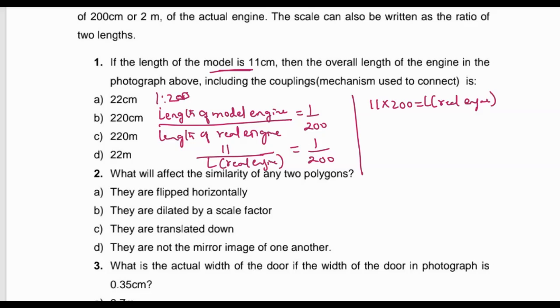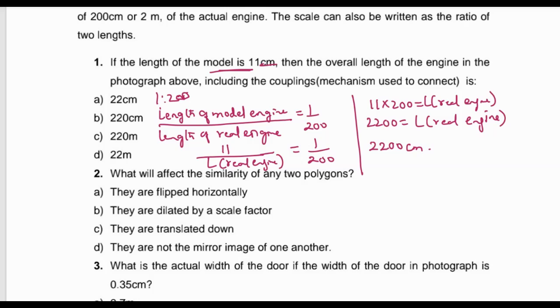So 2 into 11 is 22, so the length of the real engine is 2200 centimeters.